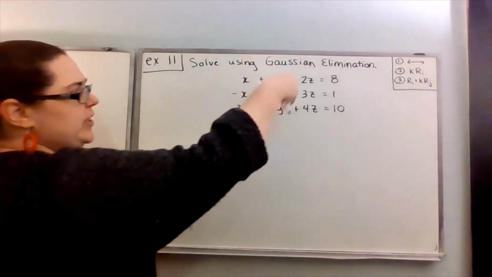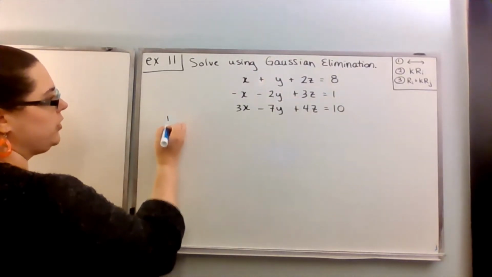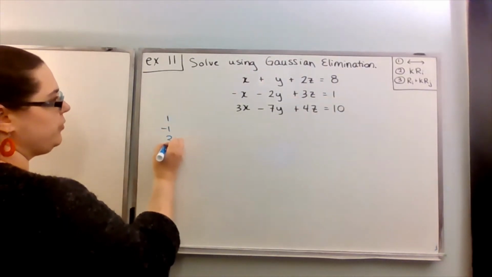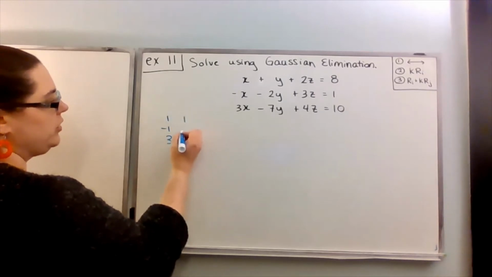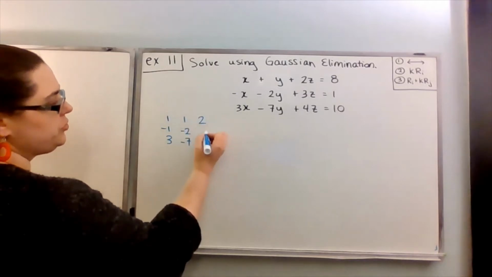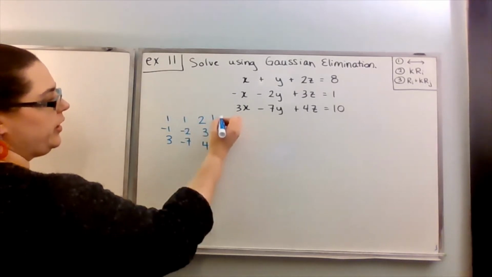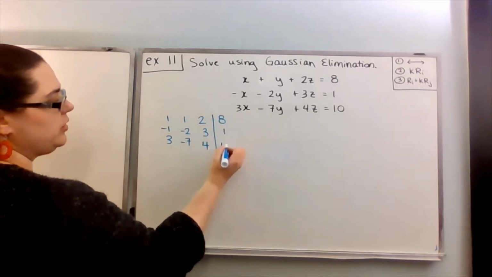I'm going to write them in columns this time. It'll just help me keep things a little bit neater to begin with. So I have 1, -1, 3, 1, -2, -7, 2, 3, 4, 8, 1, and 10.